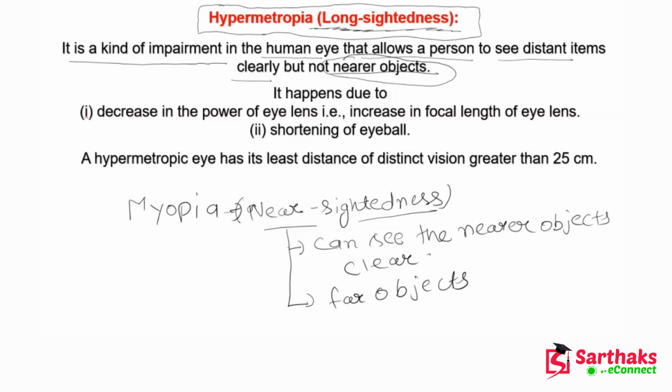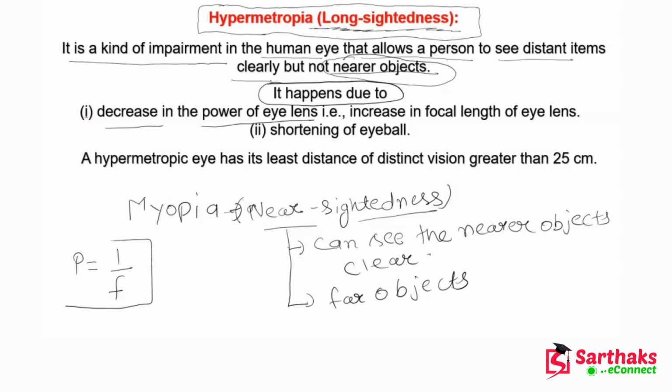Now guys, let's talk about the causes of this hypermetropia. It happens due to a decrease in the power of the eye lens. If the power of the eye lens decreases, then the focal length will increase, because we all know that the focal length and the power are inversely proportional to each other.